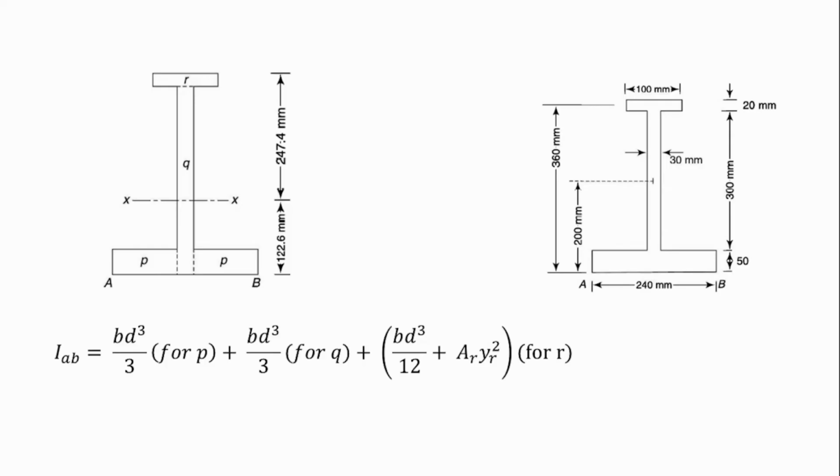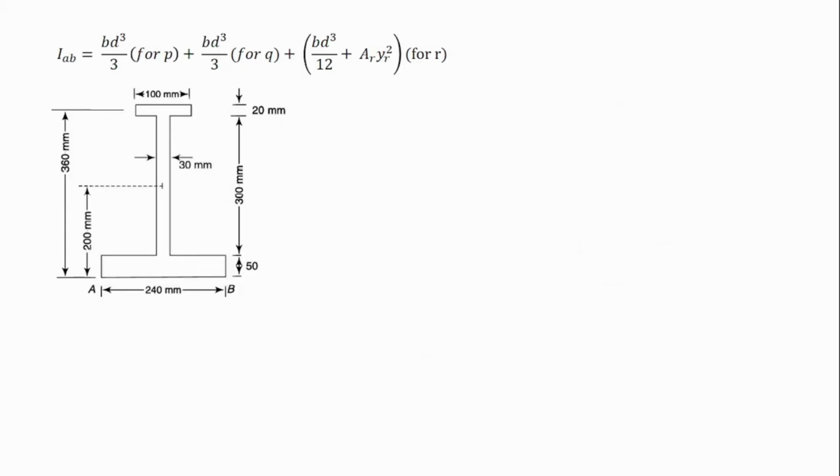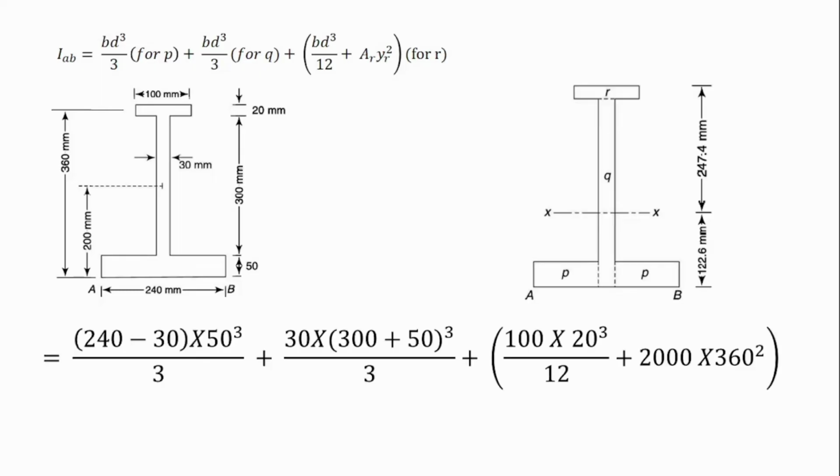So this is the question we have. This is the diagram we use to get our equations. This is the diagram for cutting our shapes. And so when we put our values, we see that IAB becomes 240 minus 30 for B, D is 50 cubed, like I said. And then for Q, B is 30, D is 300 plus 50. And then for R, B is 100, D is 20.